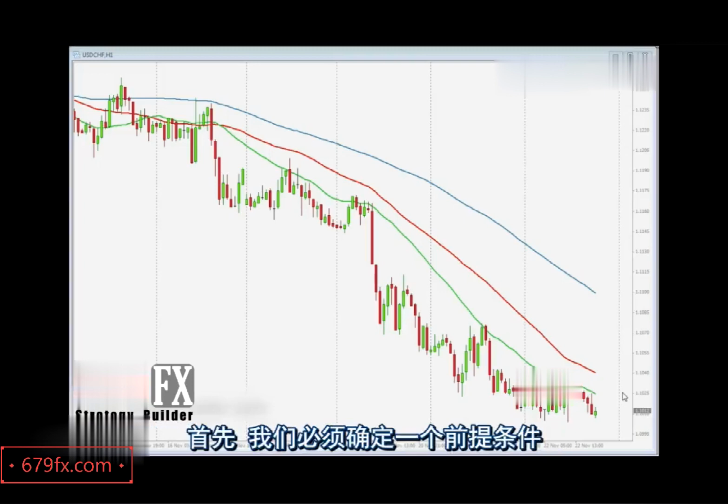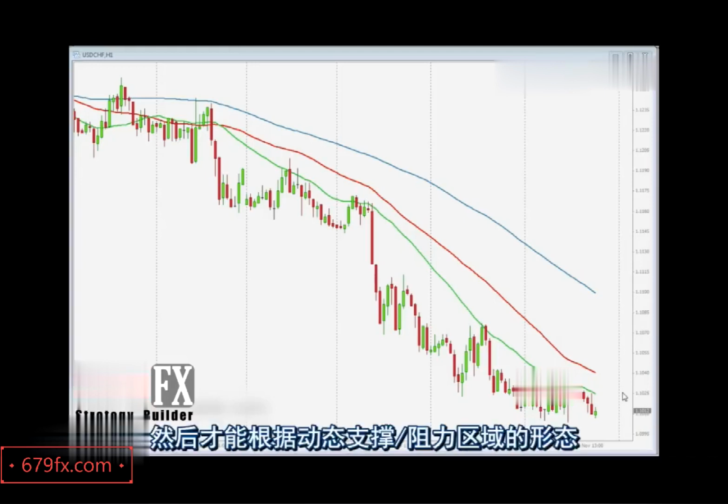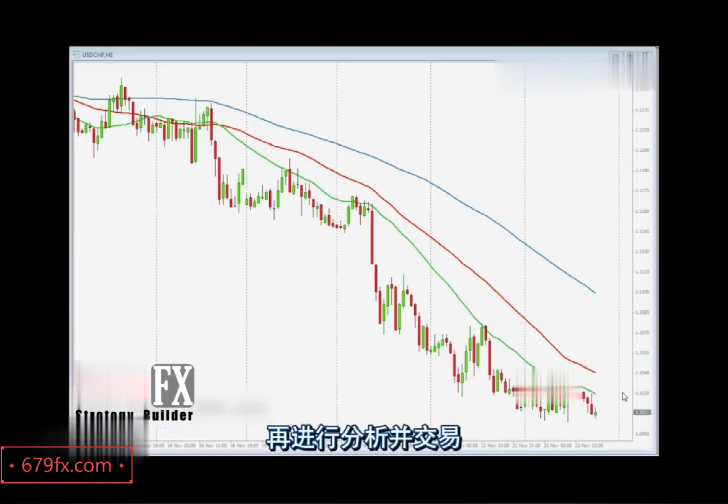First of all, there is one requirement that we need to make sure applies to the particular chart that we are looking at, before trying to analyze or take any trade from the dynamic area of resistance or support, and that requirement is that there must be a trend in place.